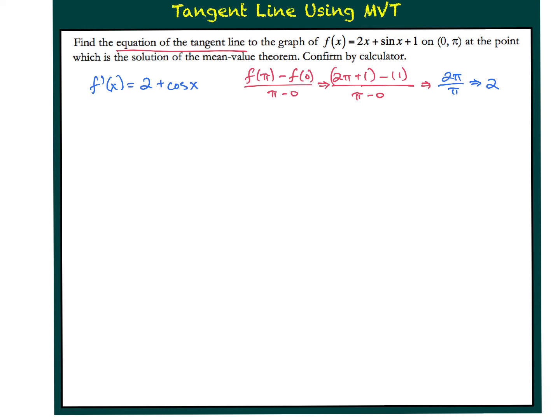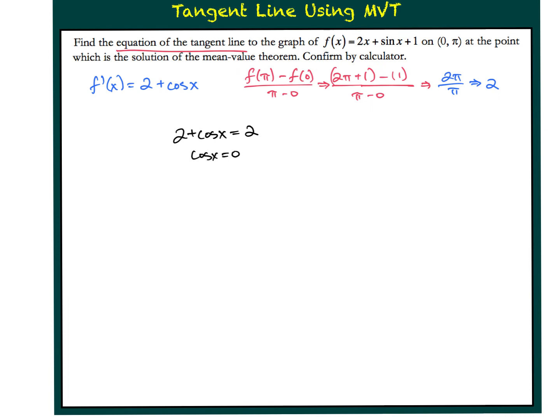All right. So what do I need to do with those two things? Set them equal. So now I say 2 plus cosine x is equal to 2. My calculus slope is equal to my algebra slope. So let's quickly solve for x. I subtract 2, so I get cosine x equals 0.